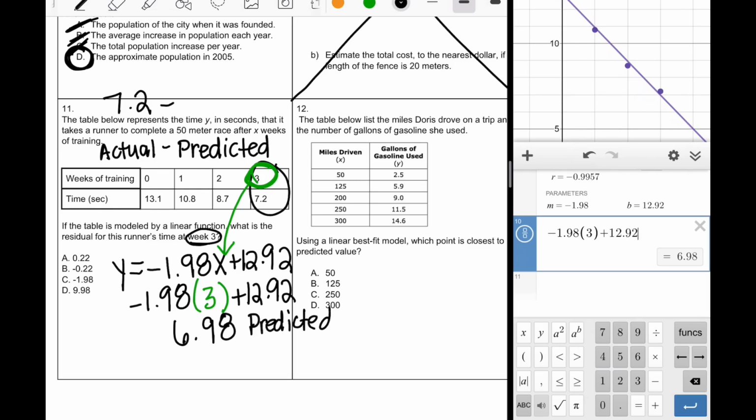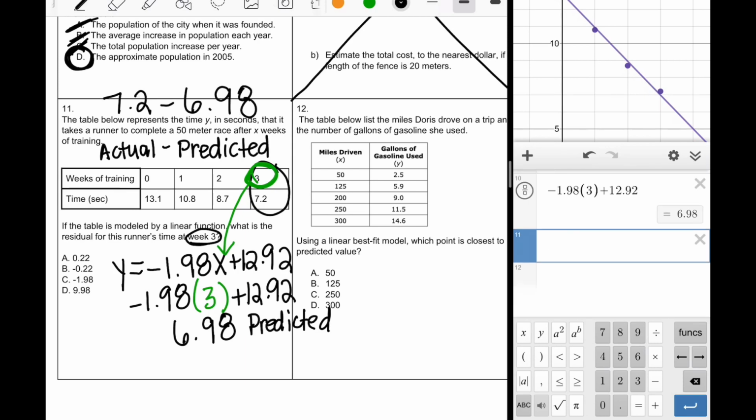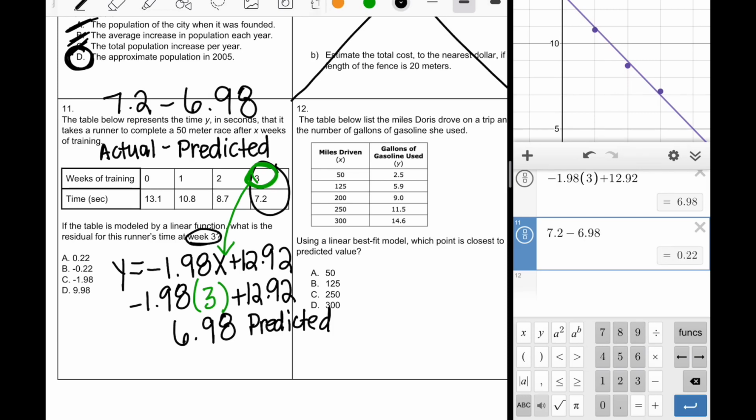All right, so now we're going to subtract. The actual time was 7.2. They predicted 9.8. So when we subtract those, we get 0.22. So my residual was off by 0.22 of a unit, and it was above the line.